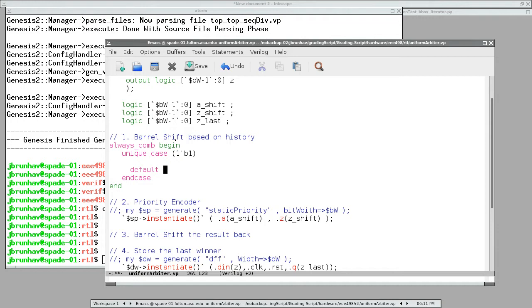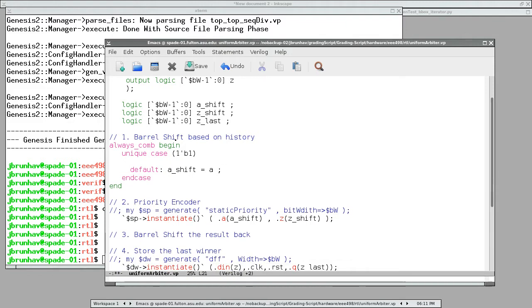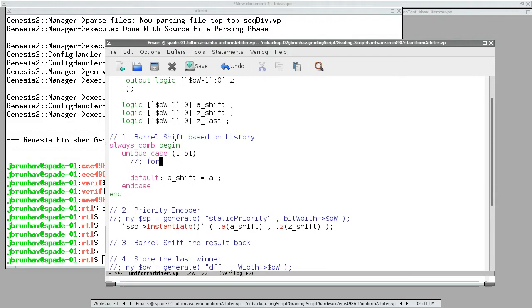We'll add a default case here where we'll say that a_shift is equal to a. And then we need to define all the other cases. So what we'll do is we'll iterate over all the other cases. i less than BW, i plus plus.